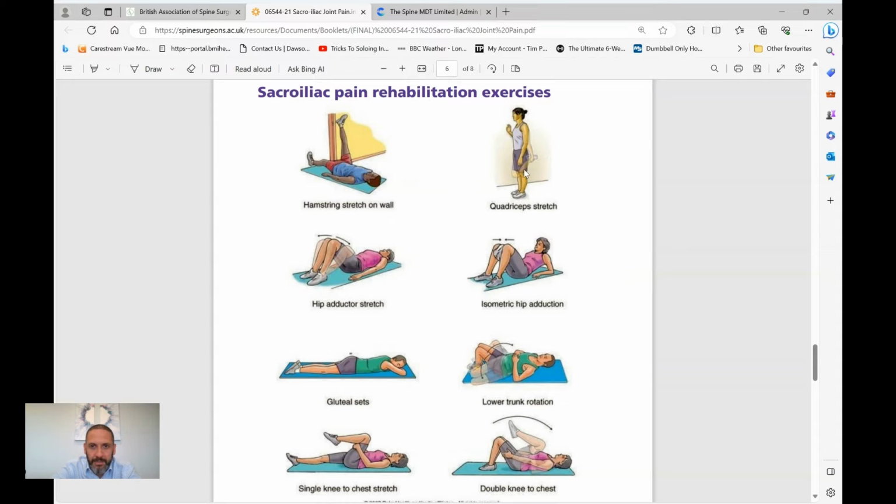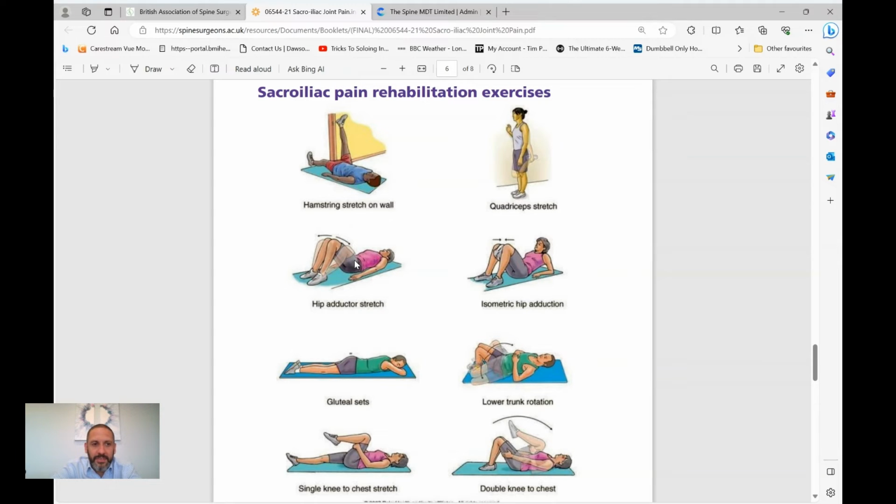Stretching the quadricep, so stand next to a wall to support yourself, bend the knee and hold the ankle back with your hand, and again hold that for about 30 seconds or so, and repeat on each side. Then there's the abductor hip stretch, where you just lie down with the knees bent, heels together, and then allow the knees to drop outwards and try and stretch them outwards.